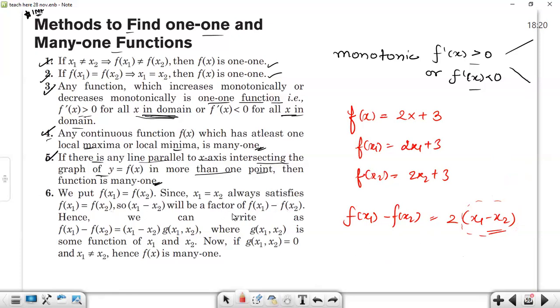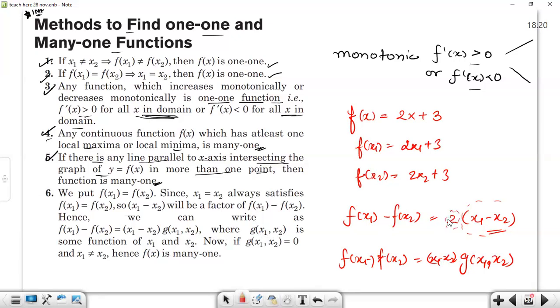Hence we can write f of x1 minus f of x2 as follows: let's consider this 2 as a constant function in terms of x1 and x2, multiplied by x1 minus x2 itself. So we can write this as g of x1, x2 times x1 minus x2, where g of x1, x2 is just some function of x1 and x2.